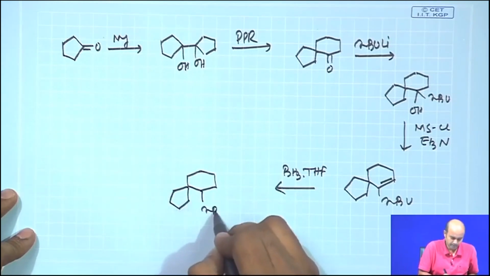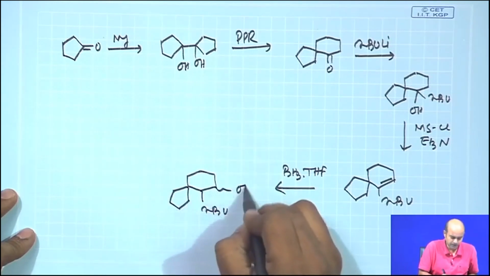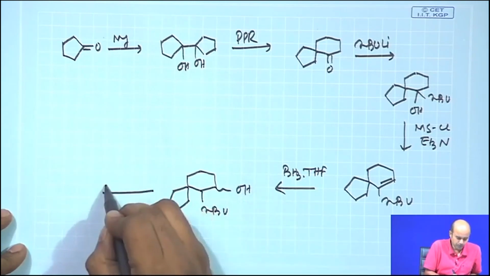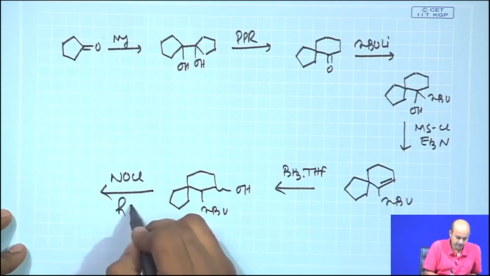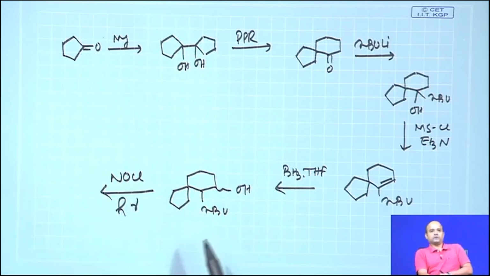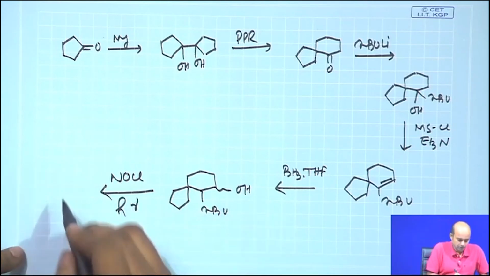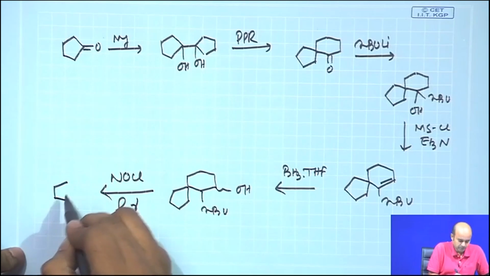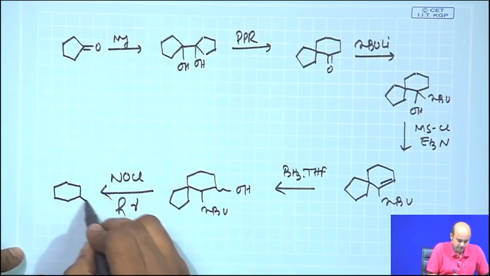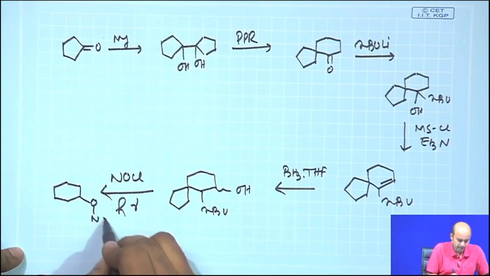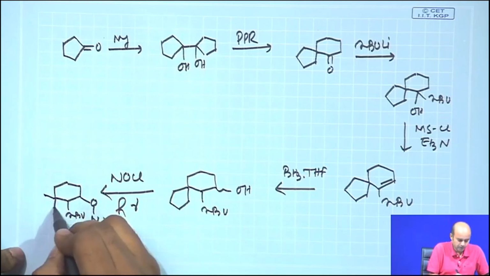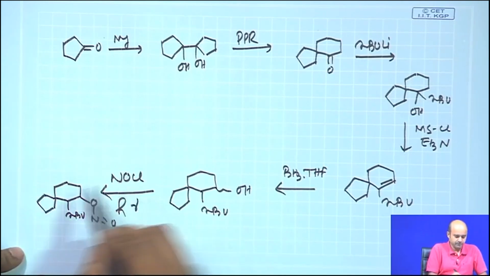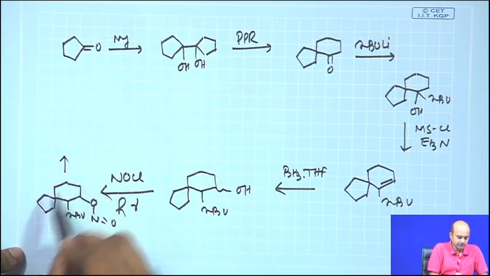So, this hydroboration will give this compound. Now this compound you react with nitrosyl chloride and shine light. So, nitrosyl chloride and light will give you the intermediate with O-N double bond O. N-butyl is here, you draw the spirocycle remaining part. Now, this is the intermediate.